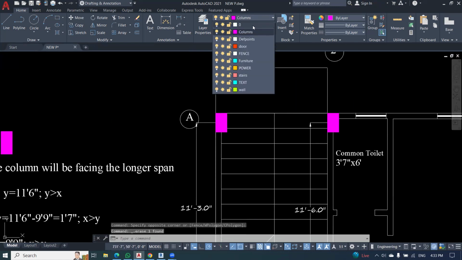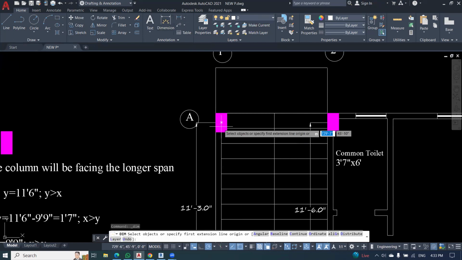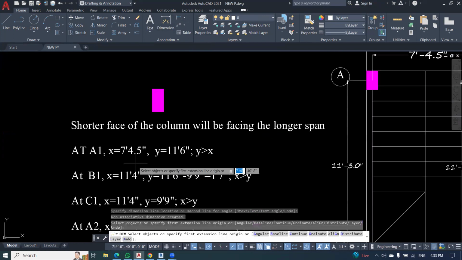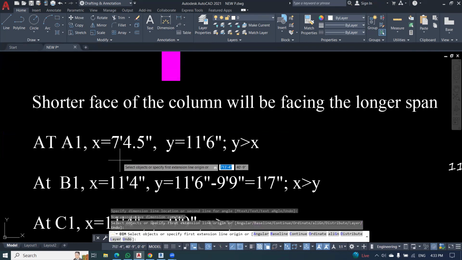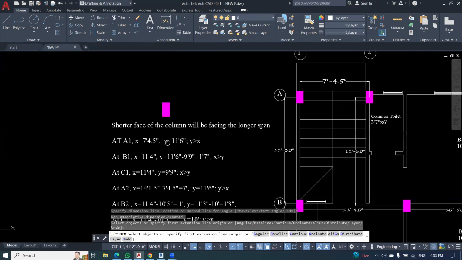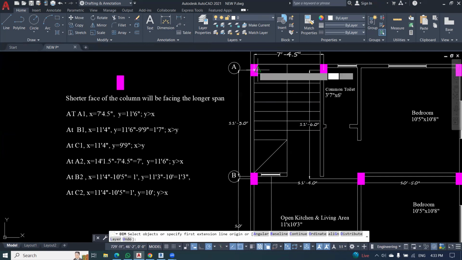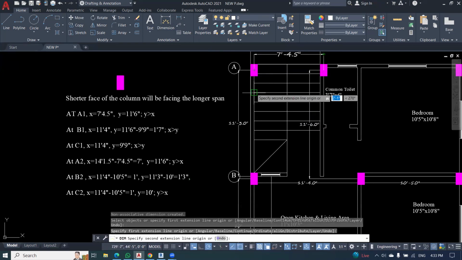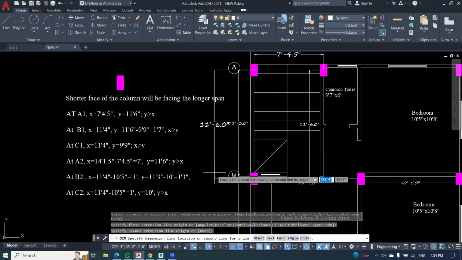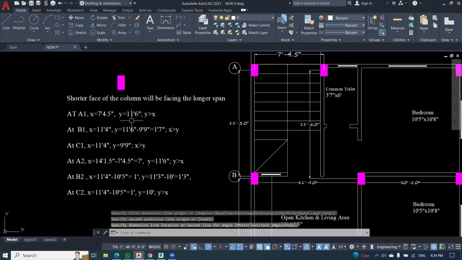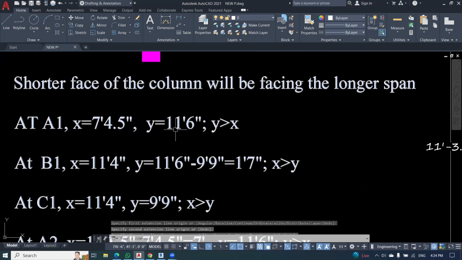Check it out, at A1 the x distance is 7 feet 4.5 inches. Now what is the y distance? The y distance is this one, center to center, A to B. It is 11 feet 6 inches. So I have written 11 feet 6 inches as the y value.